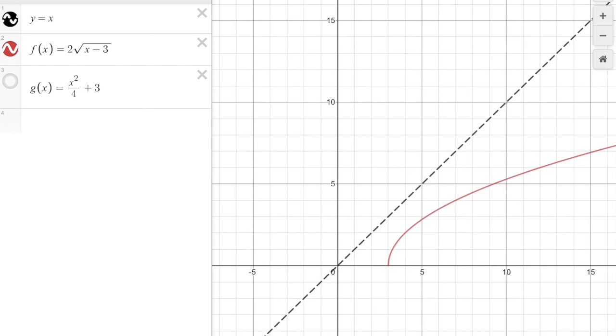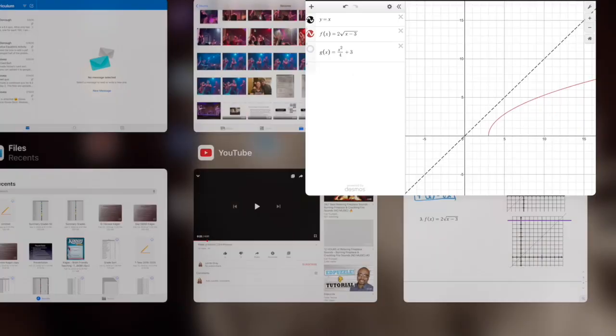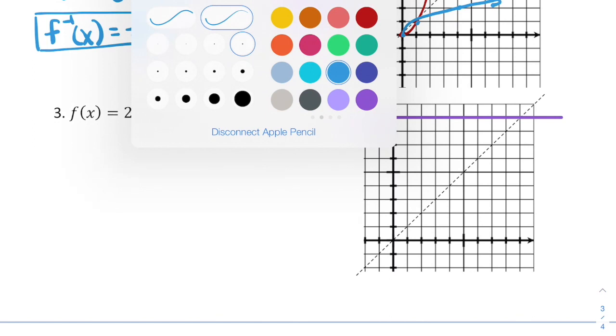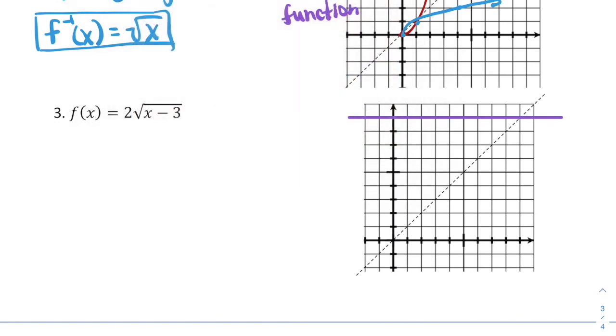Anything else is going to be off my graph, so I'll just stick with those 2 points for now. So let's plot a point at (3, 0), and then at (7, 4). And my graph is a curve, so it's going to look something like that.